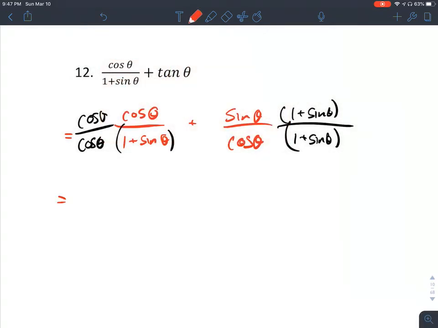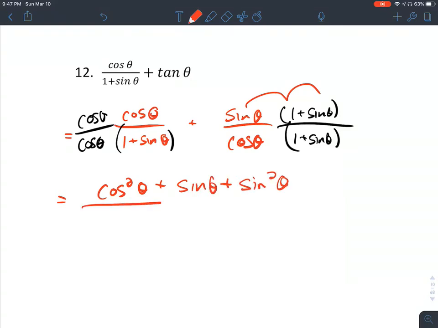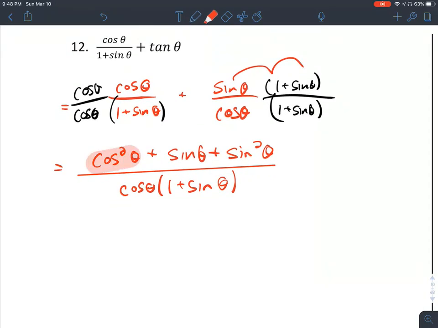That's going to give me cosine squared of theta plus, if I distribute the sine, sine of theta plus sine squared of theta. My denominator, I'm not going to multiply it out, because I think it's going to be better if I don't, so we'll see. Now my numerator, cosine squared of theta plus sine squared of theta, that's 1.